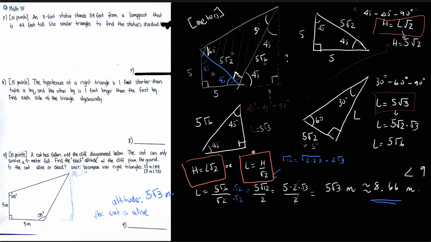Make that a habit. Every single formula that you're using, write it down, because that will help you a lot whenever you're doing your test. So h equals L root 2 or L equals h over root 2. So you get into the habit. It doesn't matter if you already wrote it here. The point is that you keep rewriting every single time so you get to memorize this formula.